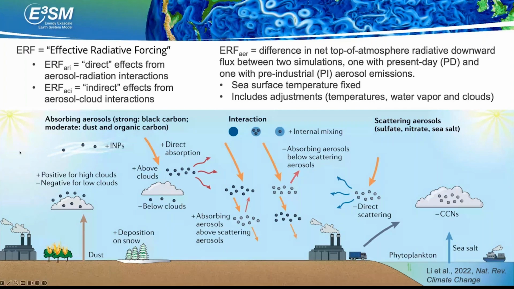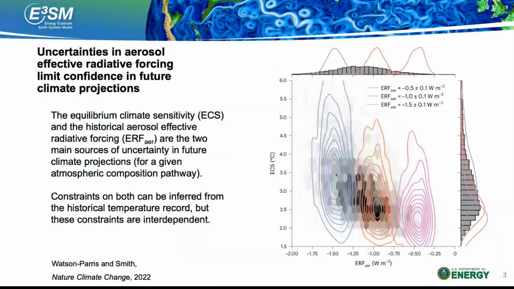And the reason why this is an important metric for us to pay attention to is because the historical temperature record gives us a joint constraint on the response of the climate to greenhouse gas forcing, which we characterize through the equilibrium climate sensitivity, or ECS, or other measures of climate sensitivity.